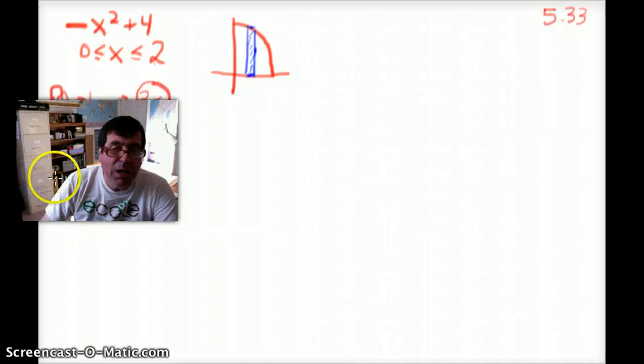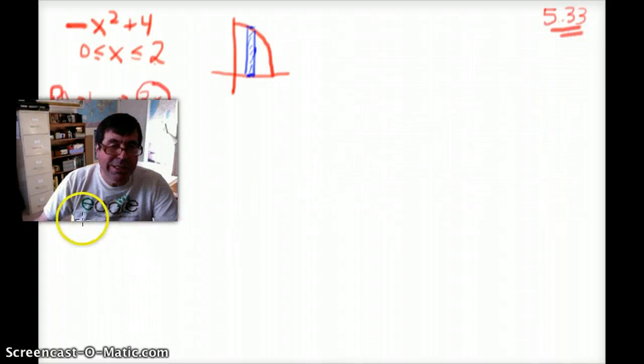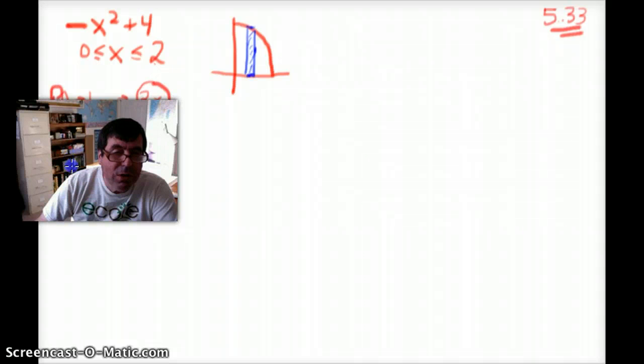Okay, now in this problem, we're trying to find the area under the curve. What I'm going to do is just cut to the chase and let you know that we're trying to find the integral from 0 to 2 of our function with respect to x.